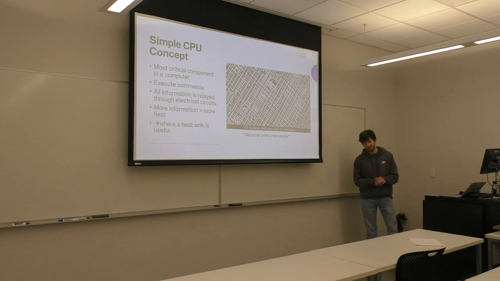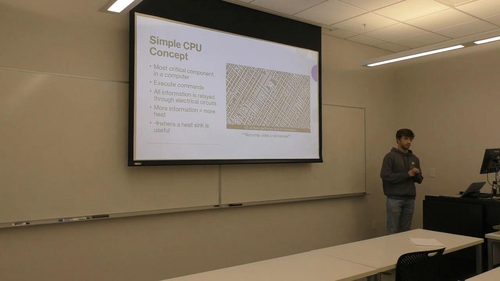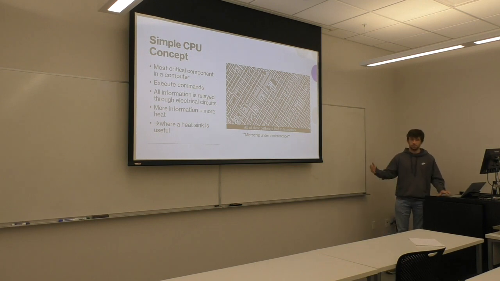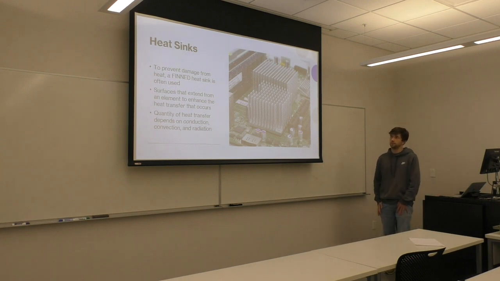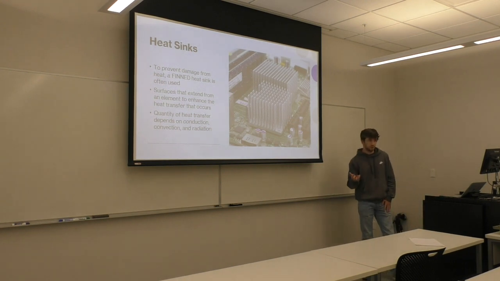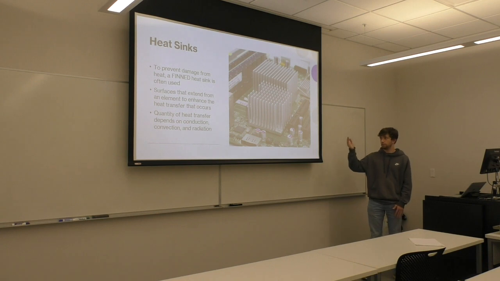Usually with CPUs, around full load, you can get up to temperatures around 170 to 200 degrees Fahrenheit, somewhere around there. So that's where you need a heat sink, so that the material your CPU is made of, or these small microscopic transistors are made of, doesn't just melt. To prevent that damage, you want to create a heat sink that is basically finned, as you can see here.